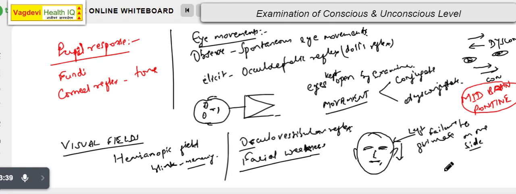Especially when there is supraorbital pain. Just 1 minute, my stylus is not that active right now. When the examiner elicits pain by pressure on the supraorbital region on both sides, and there is a failure to grimace on one side even despite the supraorbital pressure, that shows facial weakness of one side.